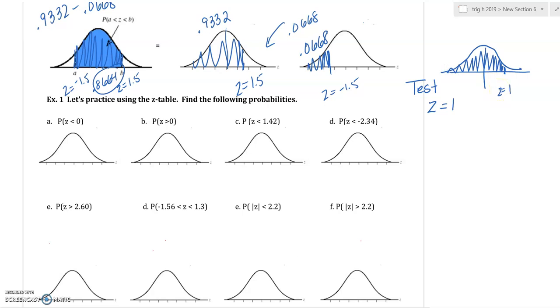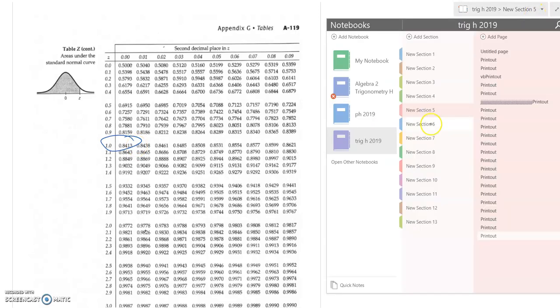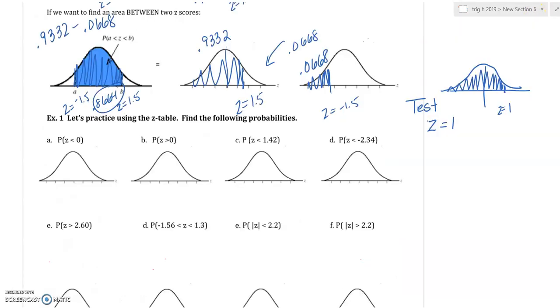That again, we would want always the area to the left of that z-value. Okay, so notice if z is 1, which is 1 standard deviation from the mean, it's 0.8413. There we go. So that means that the area under the curve is 84.13%.